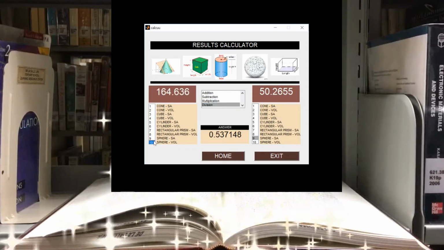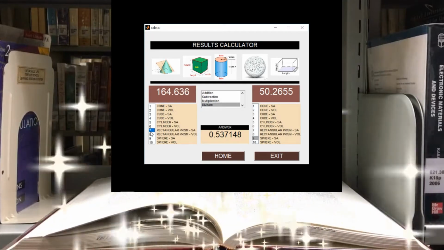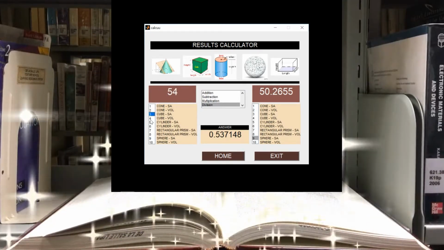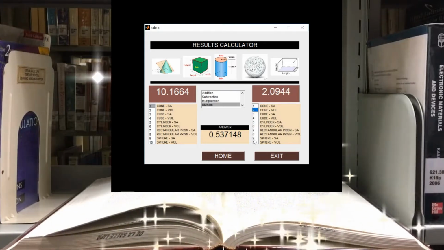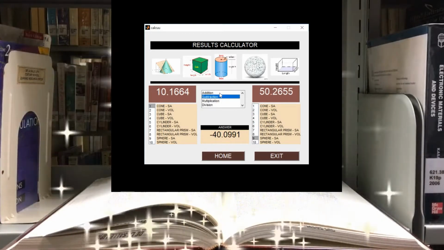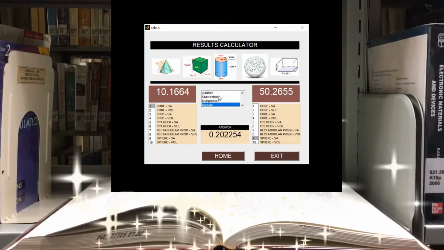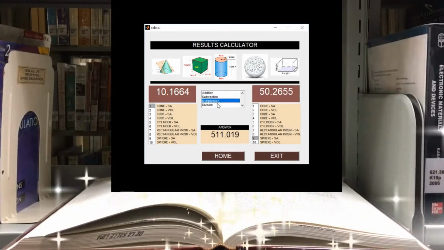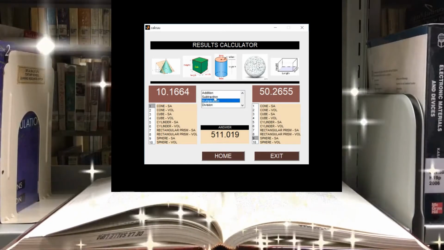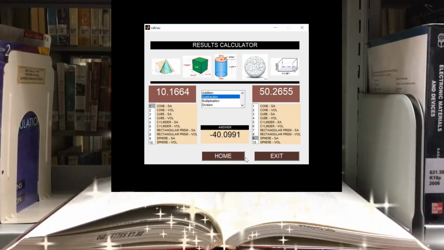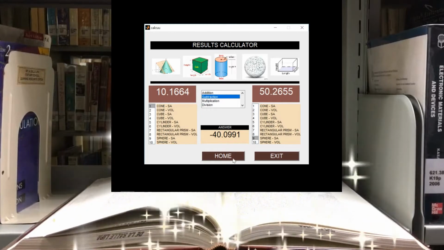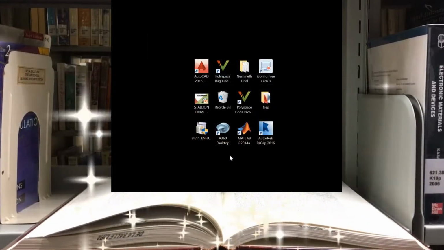That's it. For the sphere, rectangular prism, cone, cube, this part also, the answers vary upon the operation that we choose and upon the values that we have from the past. So that's all. We're going back there.